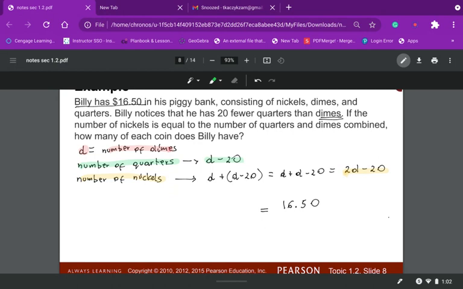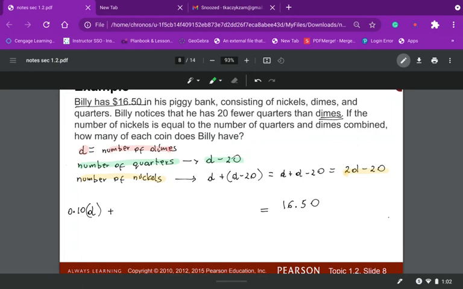Let's talk about dimes. We don't know how many dimes he has, so I'm going to put D. The value of a dime is 10 cents, so we multiply the amount of dimes by 10 cents. So 10 cents times D, plus.